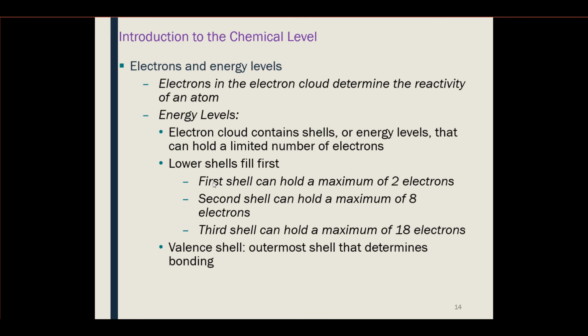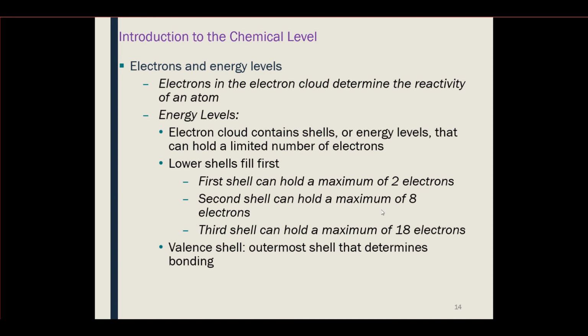We'll see as an example, the first shell can only hold 2 electrons. Once that is filled, additional electrons are going to go into the second shell, and that can hold a maximum of 8 electrons. The third shell can hold 18, and then the number gets bigger as we go out.